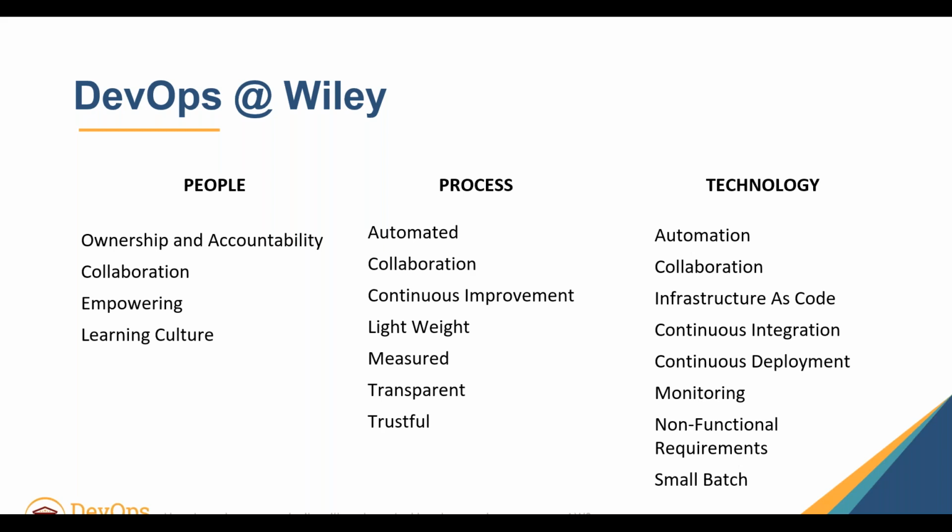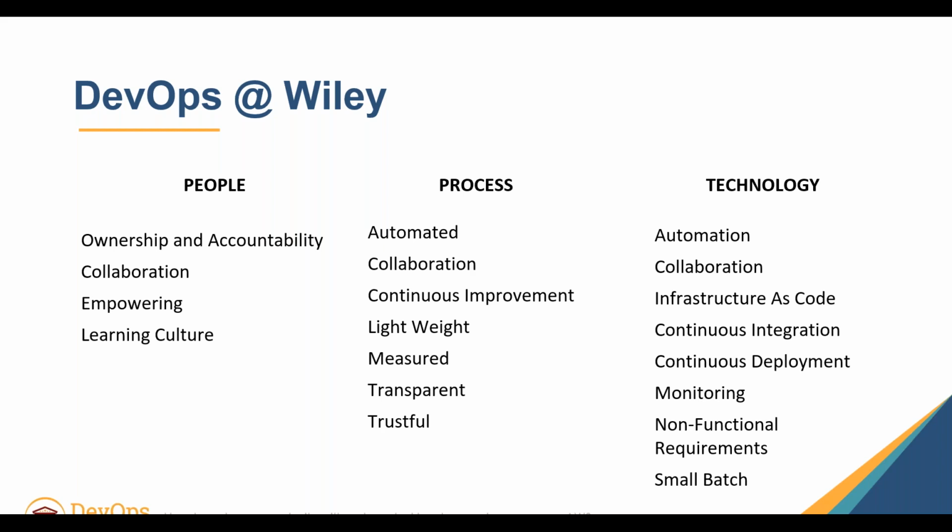So this is just an example. This is the DevOps maturity model we use here at Wiley. And you can see it looks at all aspects of DevOps maturity: people, process, and technology. You'll also notice that some concepts here are repeated across multiple categories.